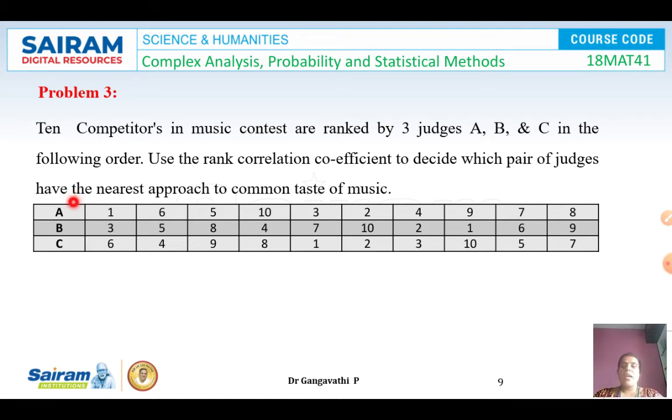Judge A has ranked the 10 people as 1, 6, 5, 10, 3, 2, 4, 9, 7 and 8. Judge B has ranked them in this way. Judge C has ranked them in this way. And we are asked to find the coefficient of correlation, and also tell which 2 judges have the nearest approach.